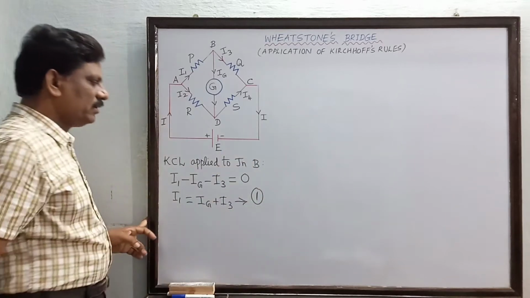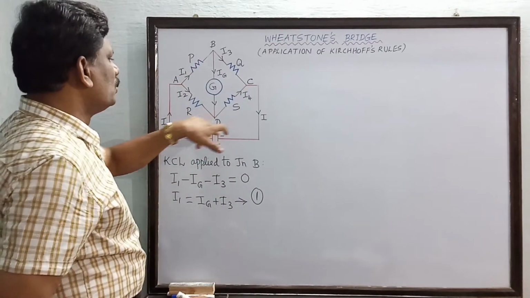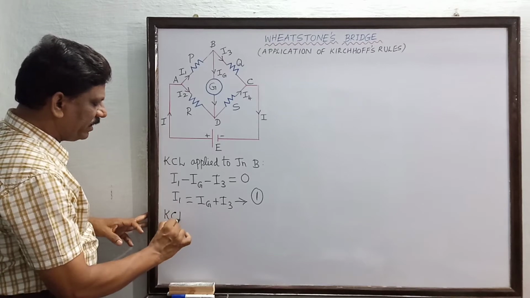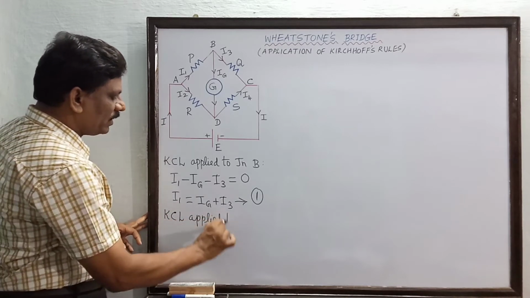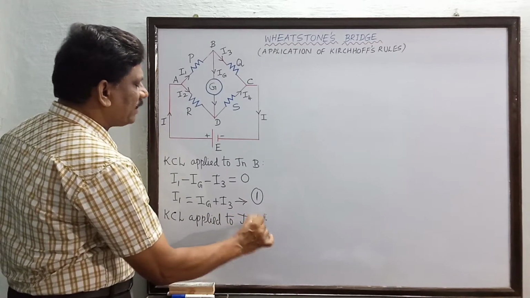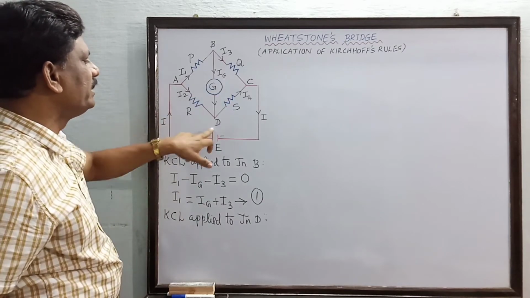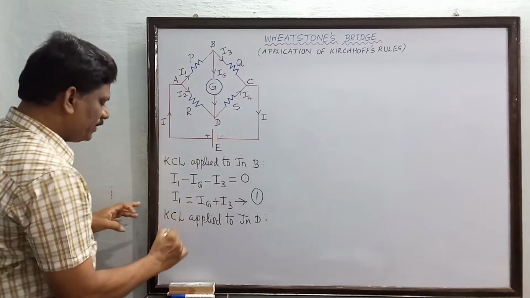Similarly, I am going to apply Kirchhoff's current law to the junction D. For the junction D, which are the currents entering the junction? I2 is entering, Ig is entering. So these two currents I2 and Ig must be positive.